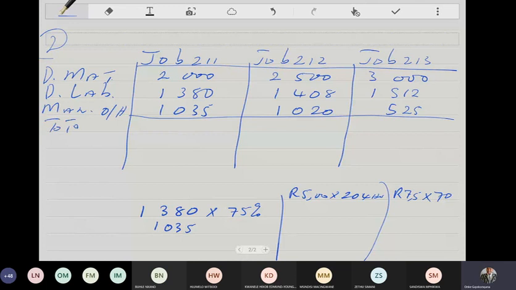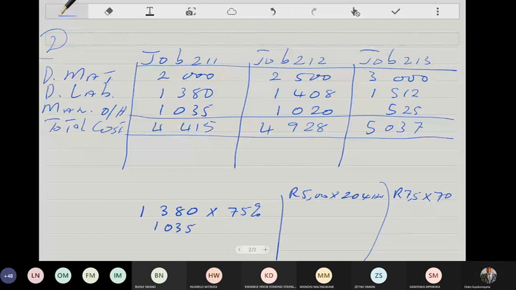For the last one, it gives us 5,037. And we're done. Is that clear to everyone? I hope so.